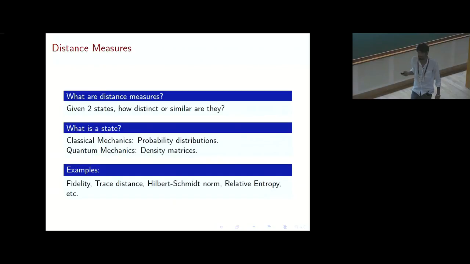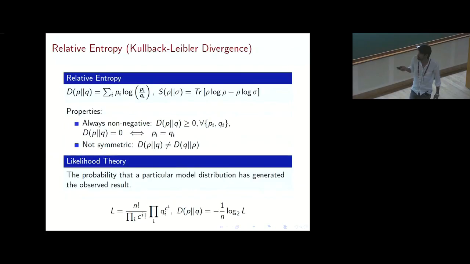For us, the base turned out to be relative entropy. These are the formulas for relative entropy, and its properties are that it is always positive, it is zero only when the probability distributions or density matrices are the same, and it is not symmetric. The problem with relative entropy is that it's not a true distance. It doesn't follow the triangle inequality and it is not symmetric.